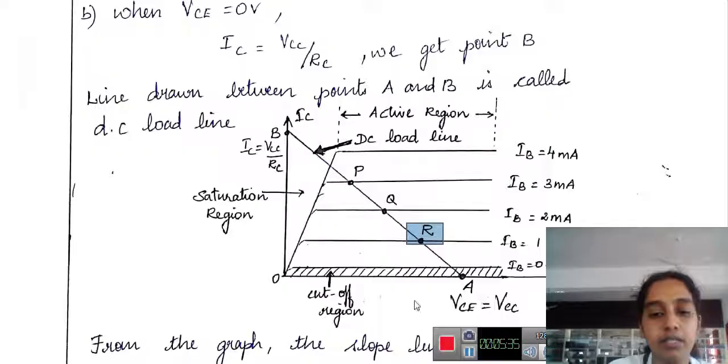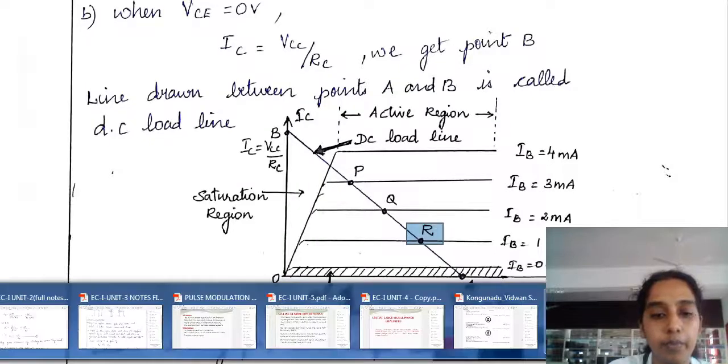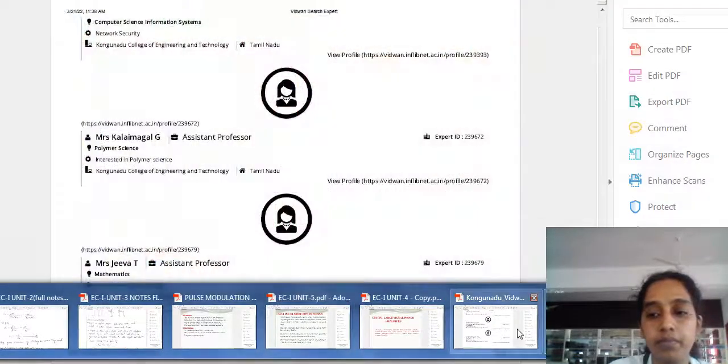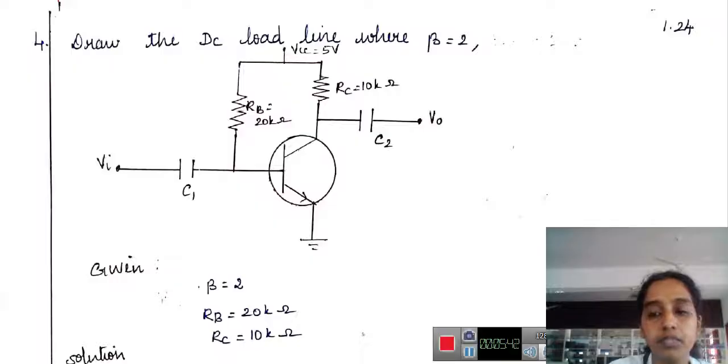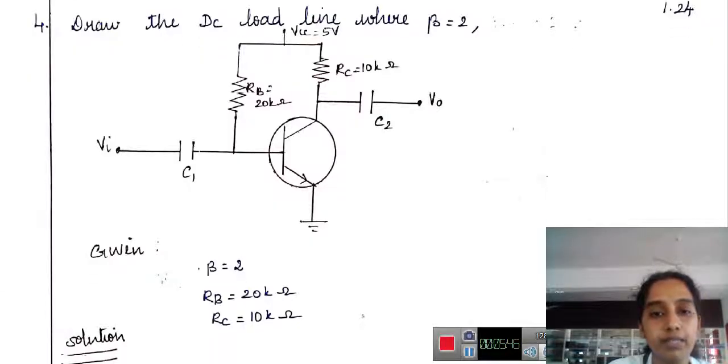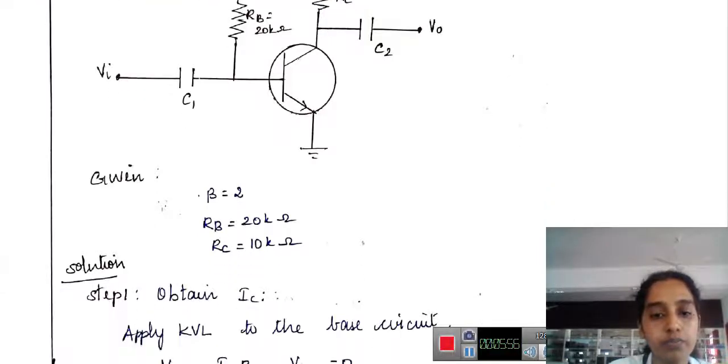Let us consider a small problem. This is a simple problem considering the fixed bias circuit. Beta value is given, base resistance value is 20 kilo ohm, collector resistance value is 10 kilo ohm.